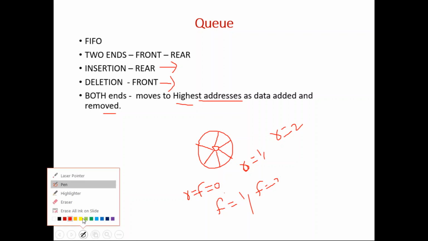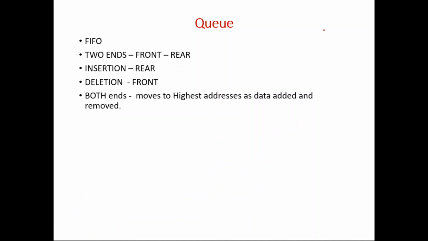In memory implementation also, it will be like that only. In memory, this is our starting address, and this is the highest address, 2 to the power k minus 1. If you implement our queue, the queue will grow from here to here.